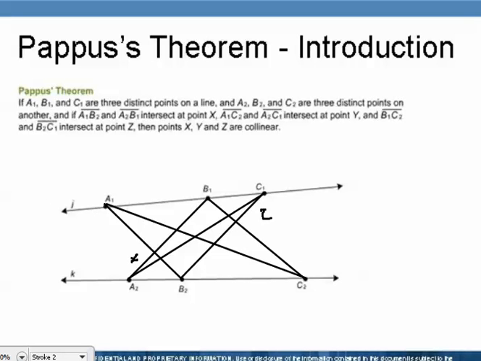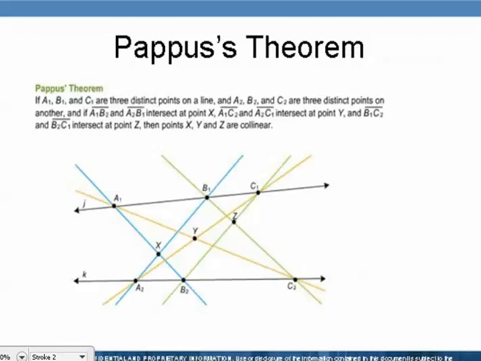And if I call that point Y, an interesting little phenomenon occurs. All three of these points are going to be collinear. They're going to form a straight line, X, Y, and Z. Doing this in a class connect like this is difficult, but you can see here, connecting those points here. You got X, you got Y, you got Z. That would be a straight line between X, Y, and Z.